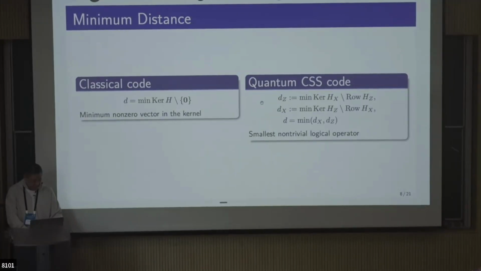Therefore, the construction is dangerous if it creates a low-weight vector that passes the active checks but is not stabilized. This is the issue in the next slide. So quantum distance is not only about the kernel of the one matrix. It's about the kernel after quotienting out the stabilizer row space.